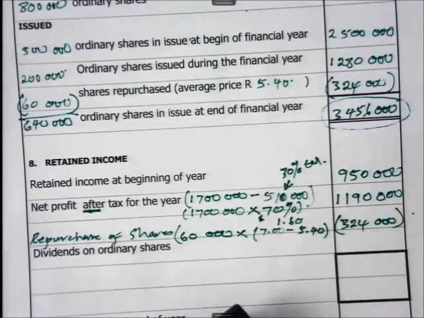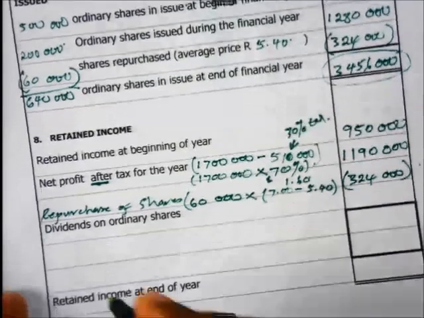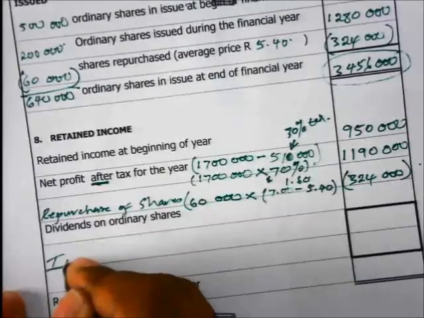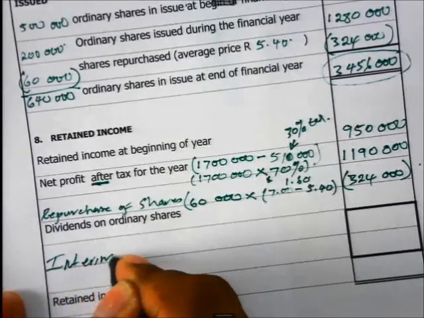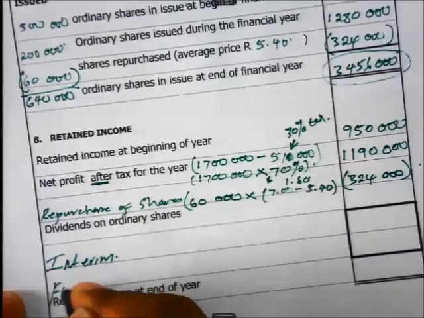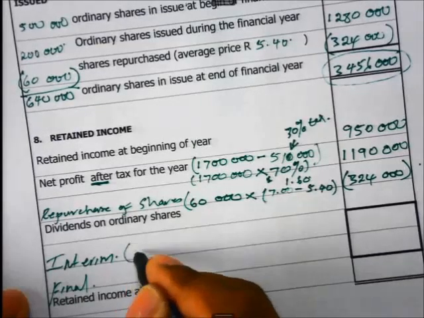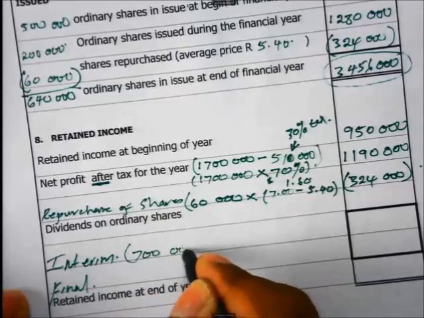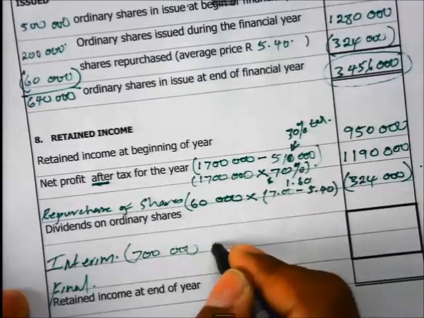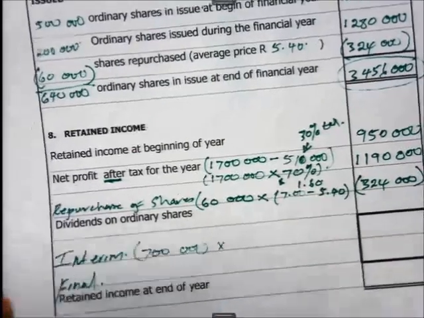Then you must get your dividends. You are going to have your interim dividends and your final dividends. We had made this calculation somewhere. For interim dividends, we said 700,000 shares multiplied by 20 cents.